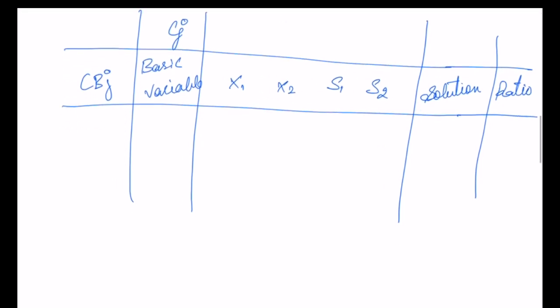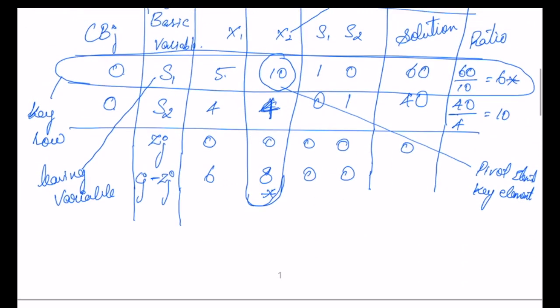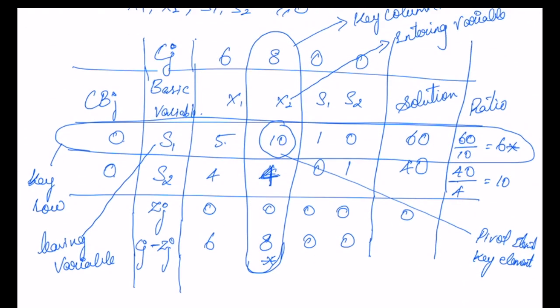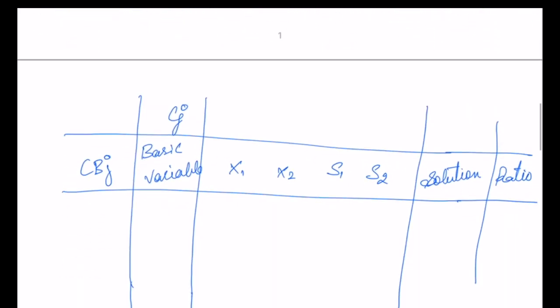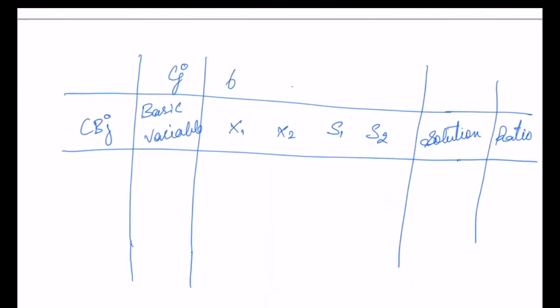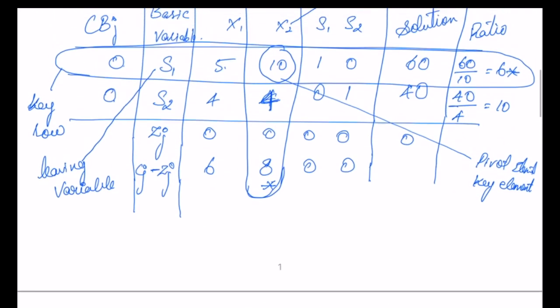The coefficient of the objective function will remain the same in all the iterations. 6, 8, 0 and 0. That will remain the same.